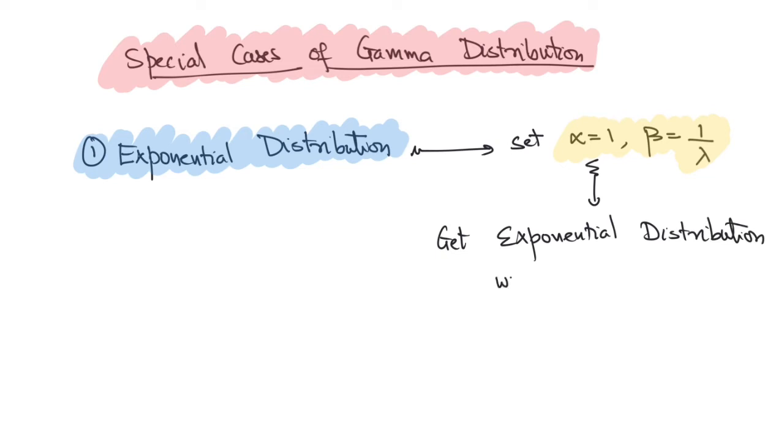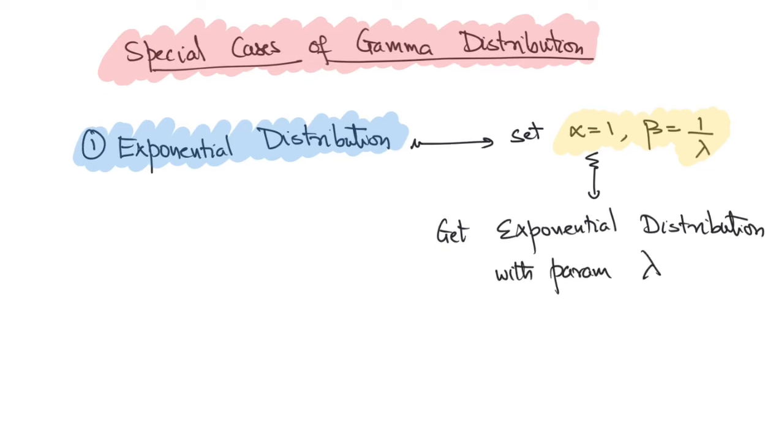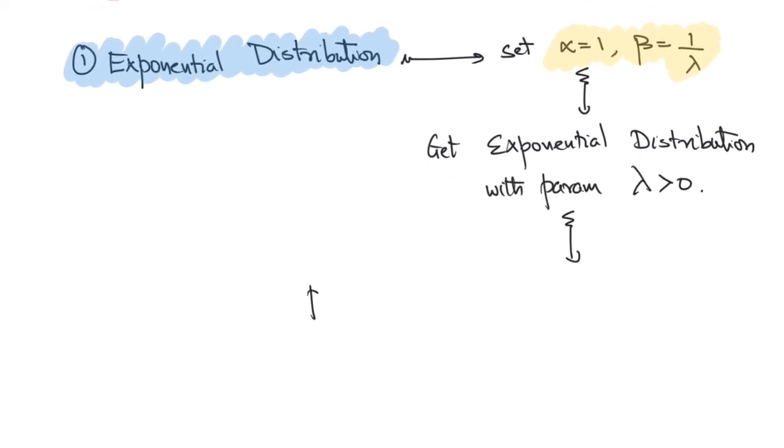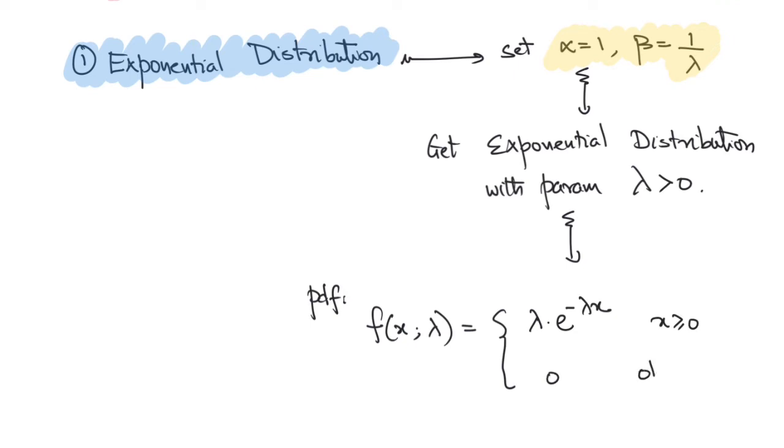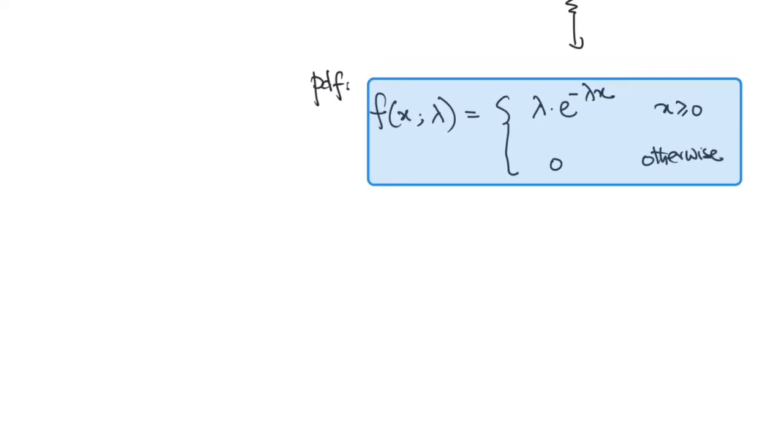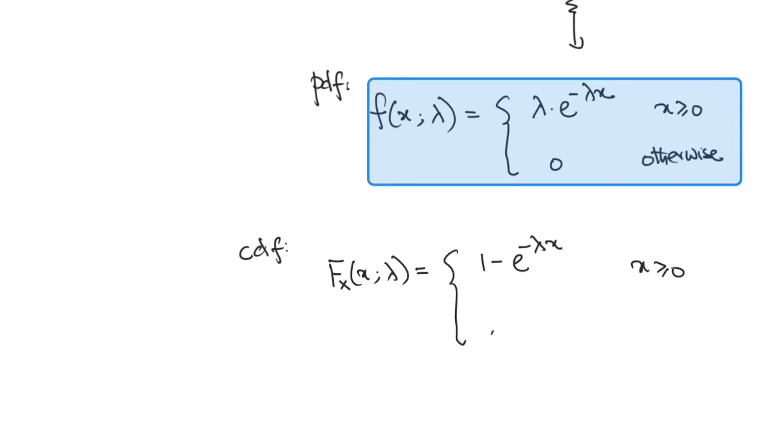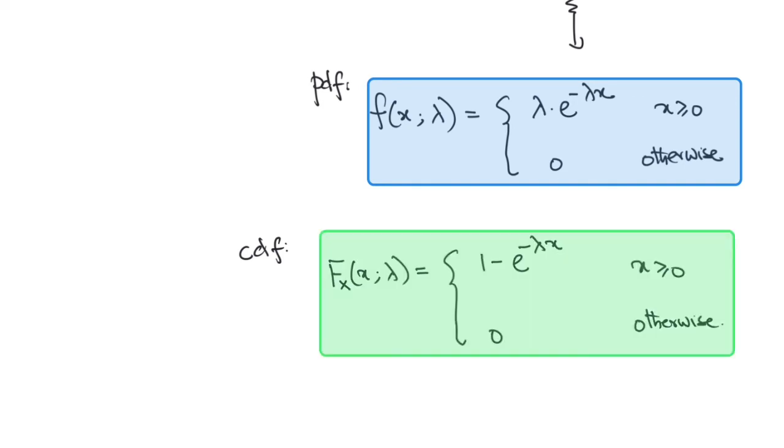This will give us the exponential distribution with parameter lambda, a positive number. The PDF of the exponential distribution is defined as follows, and the CDF is calculated as 1 minus e to the minus lambda x when x is positive and 0 otherwise.